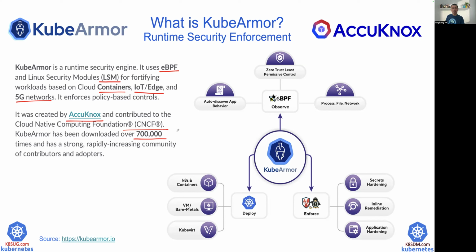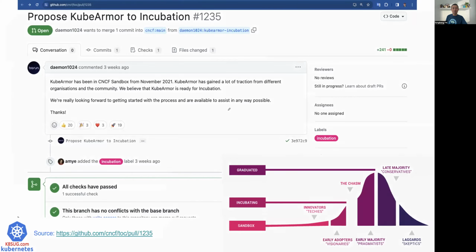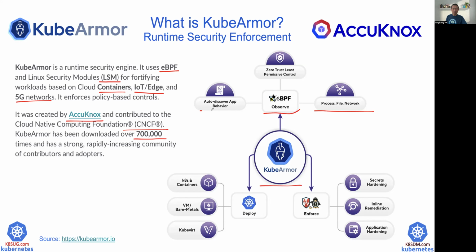On the right-hand side of the diagram, KubeArmor leverages eBPF for the application model or application behavior, to understand the process, the files, the network, and also to apply the zero trust least permissive control.